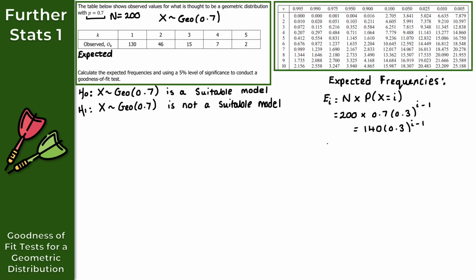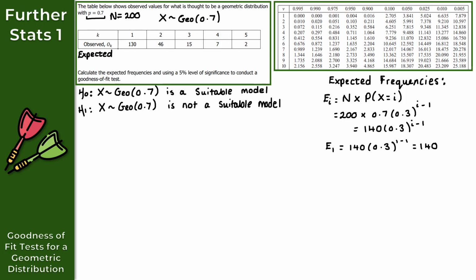So for example, the first expected frequency is E subscript 1, and that would be 140 times 0.3 to the power of 1 minus 1. My power here would be 0, so 0.3 to the power of 0 is 1. 140 times 1 gives us 140 for the first expected frequency.